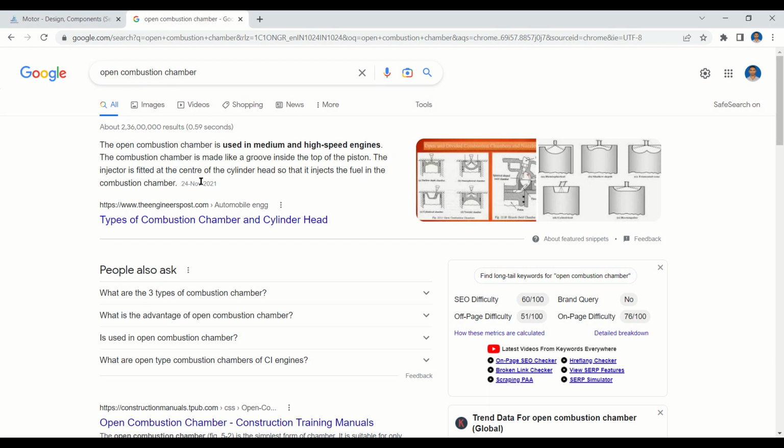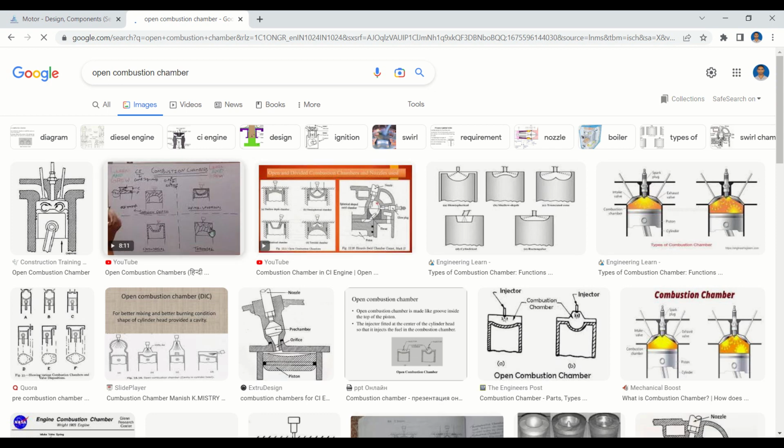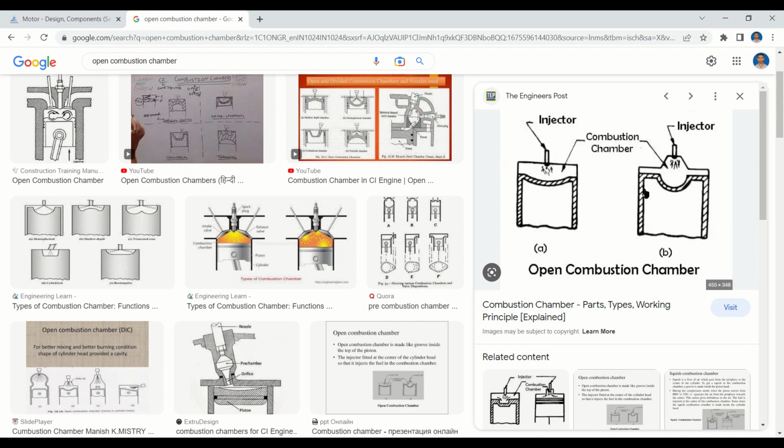The combustion chamber is made like a groove inside the top of the piston, and the injector is fitted at the center of the cylinder head so that it injects the fuel into the combustion chamber. This is an example of an open combustion chamber.